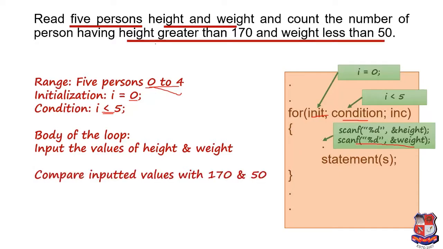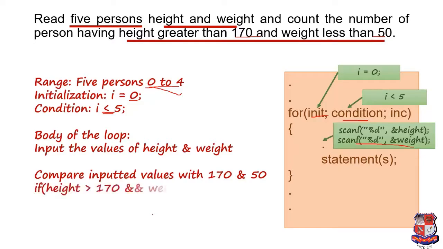Over here the constraint given is to count the number of persons having height greater than 170 and weight less than 50. So for that we have to compare these two values, 170 and 50, with our inputted values. How can we do this?